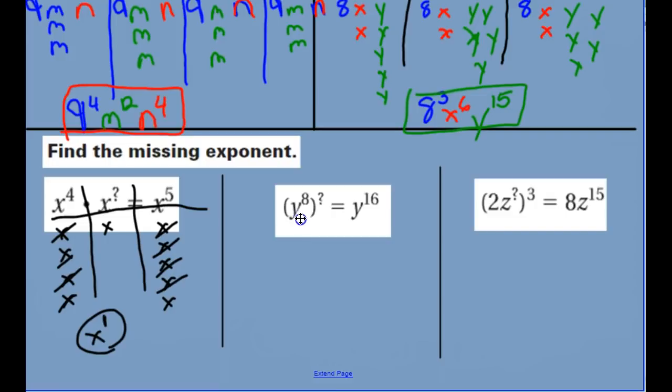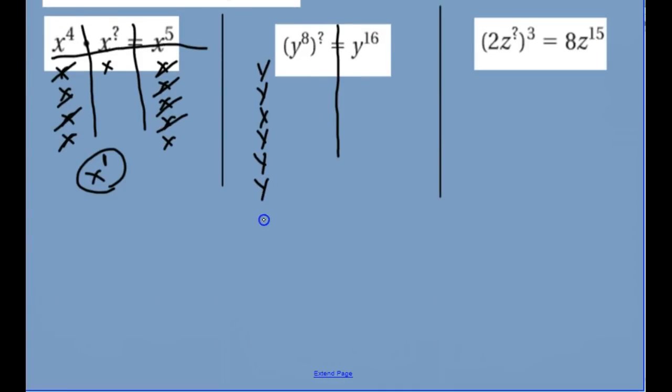Here we need to figure out how many groups of 8 y's we have to get y to the 16th. So what we need to do is write out our parentheses. We know in one group of our parentheses we have 8 y's, so 1, 2, 3, 4, 5, 6, 7, 8. We know that's one group, so we can draw some big parentheses around those.